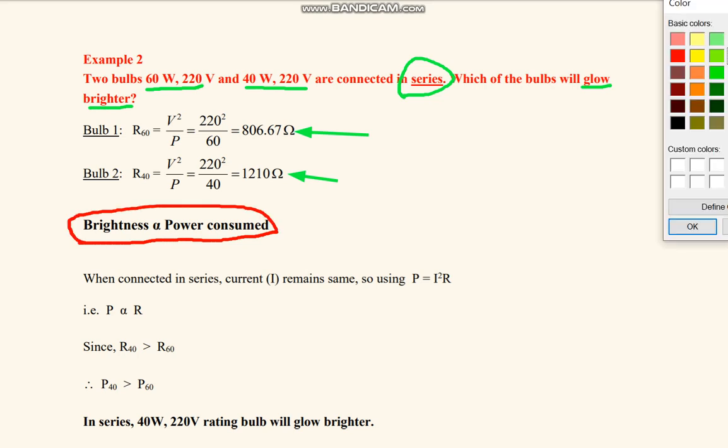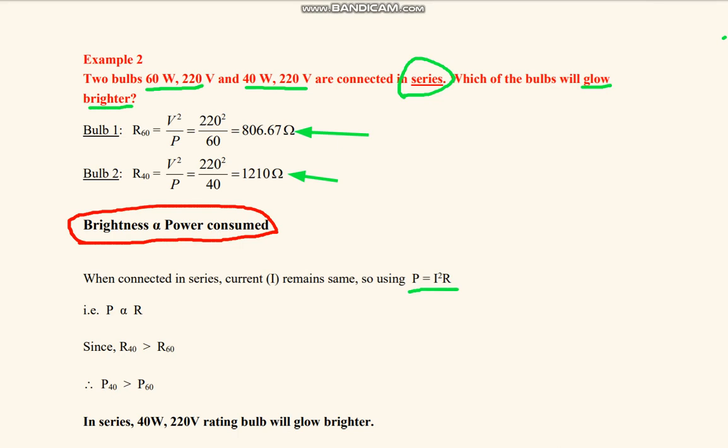To calculate the power consumed in a series connection, we use the formula P is equal to I square R, since I is the current which remains constant in a series circuit. From this formula we can see that since I is constant, power will be proportional to R. That is, more the resistance, more will be the power.